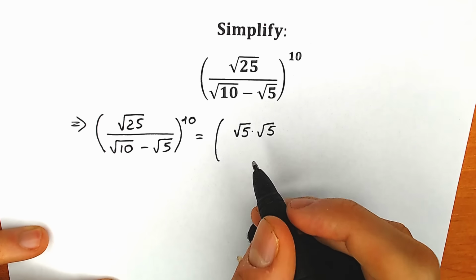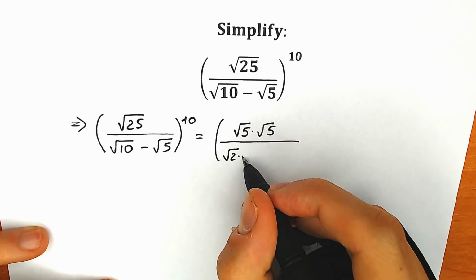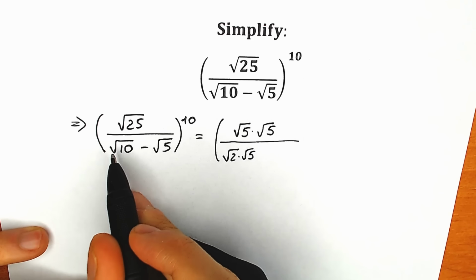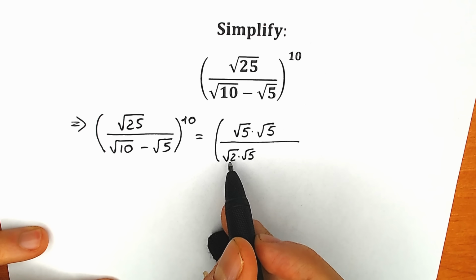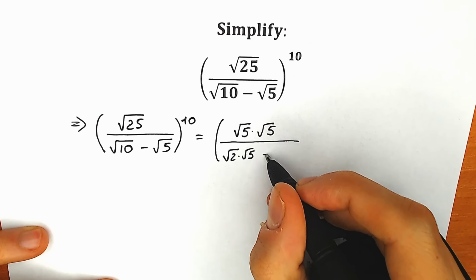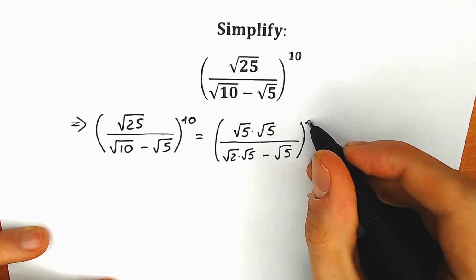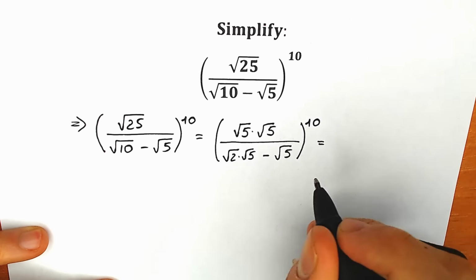And we divide all of this by square root of 2 times square root of 5. So instead of square root of 10, let's write this product, square root of 2 times square root of 5, minus square root of 5, and raise all of this to the power 10.